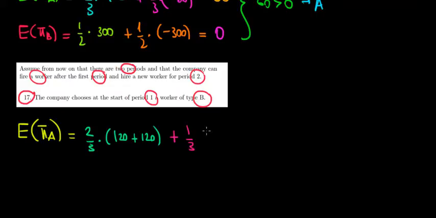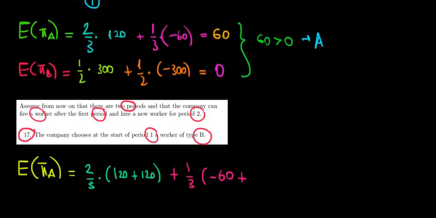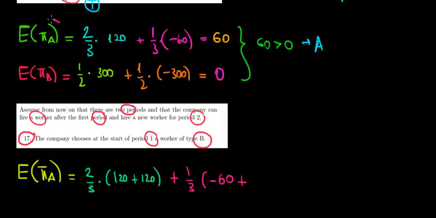In other words, if we have a loss of 60 euros in the first period, we won't have a loss in the second period again, because we fire the worker and hire a new one. The expected profit of worker A for one period, in this case the second period, is 60 euros. So we would get a profit of 60 because we hire a new worker, and as a result it will be equal to 160 as an expected profit.